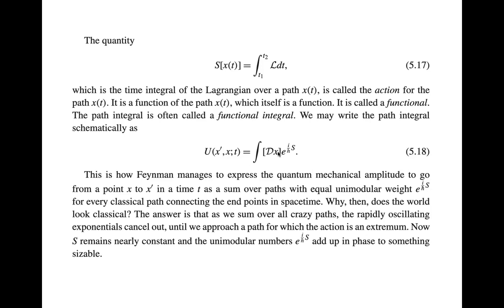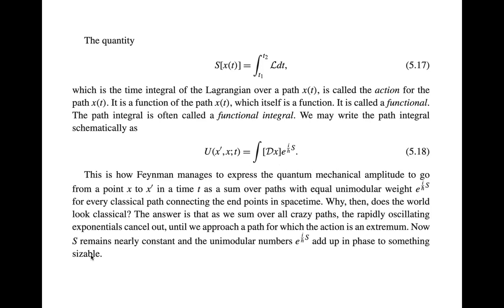So in the end, all the extremal paths become more important, right? So that S remains nearly constant and the unimodular numbers add up into phases into something sizable. So this extremal path is called the classical path.